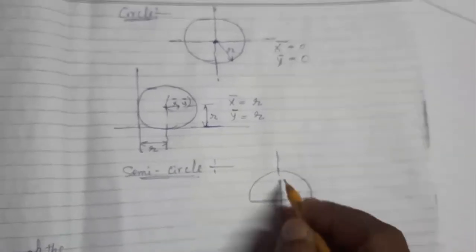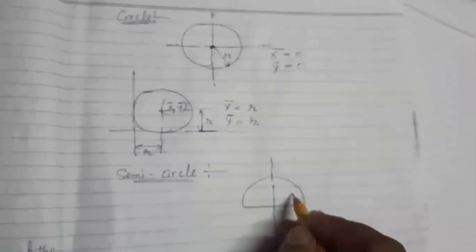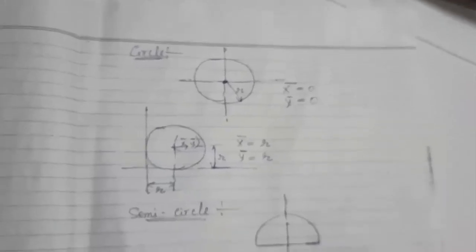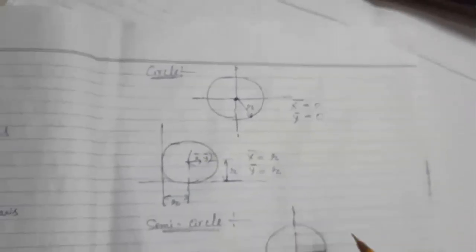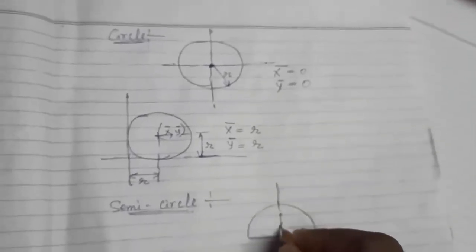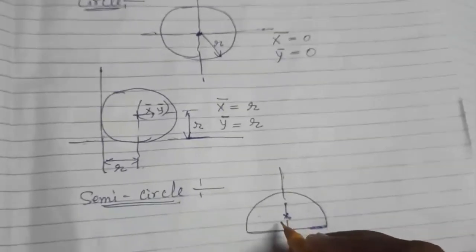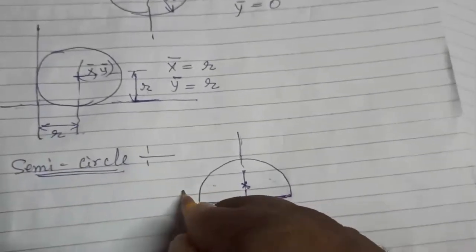From this line, this figure is symmetric. So this is the line of symmetry. We know that the centroid lies over the line of symmetry. So in this figure, the centroid will be on this line of symmetry.